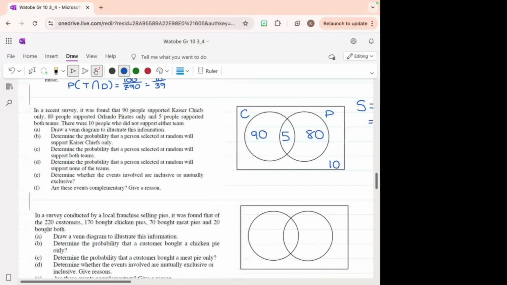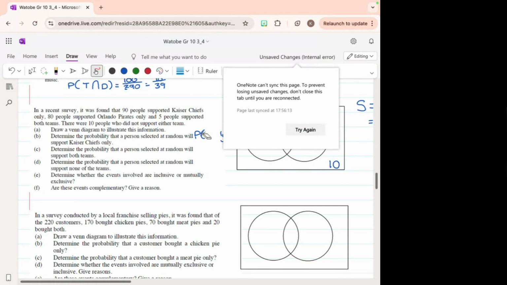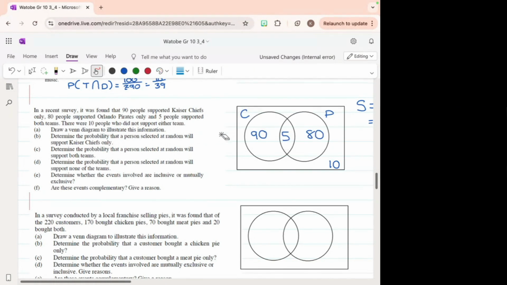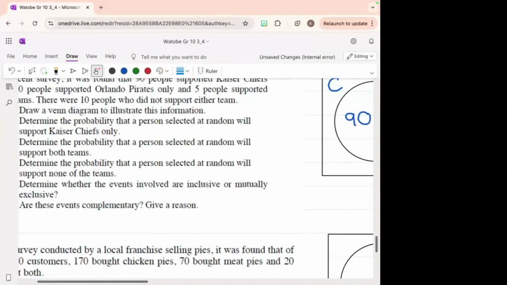Determine the probability that a person selected at random will support the Chiefs only. Probability of the Chiefs only, guys. Let's make this a bit bigger for ourselves first.